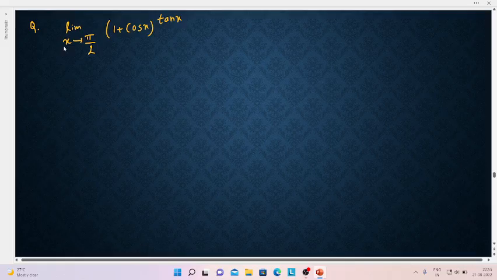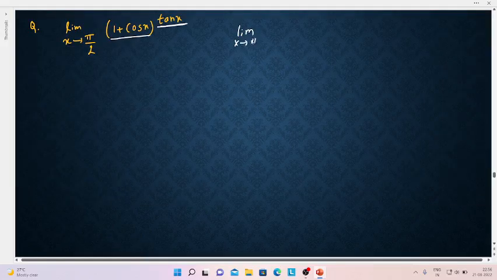Okay, so here you can see that x is tending to pi by 2. Let me take the base as f(x) and the exponent as g(x). What about the limit as x tends to pi by 2 of 1 plus cos x?